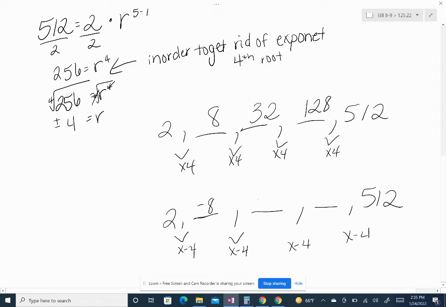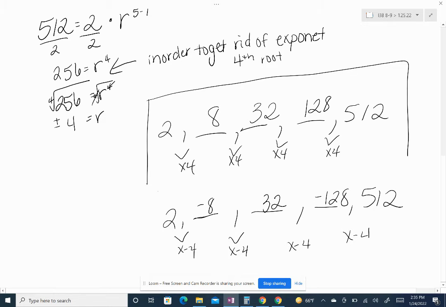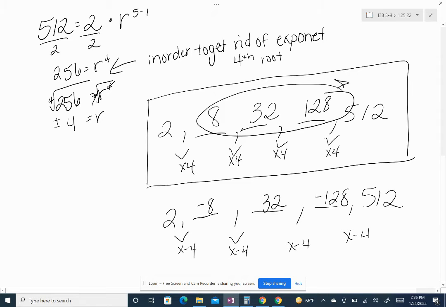That would give me a negative 8, positive 32, negative 128, and a positive 512. So either pattern will work. I'm just going to stick with this one just because I like positive numbers. So I would say your answer would be 8, 32, 128.